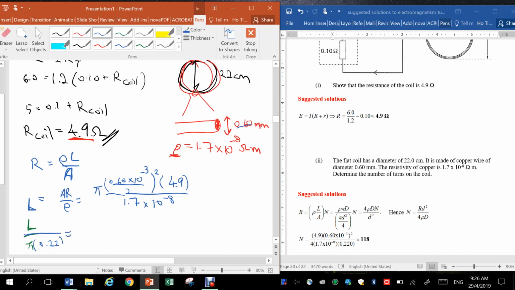Right. Should give you the number of turns. So all we have to do is to take this divided by pi and divided by 0.22.